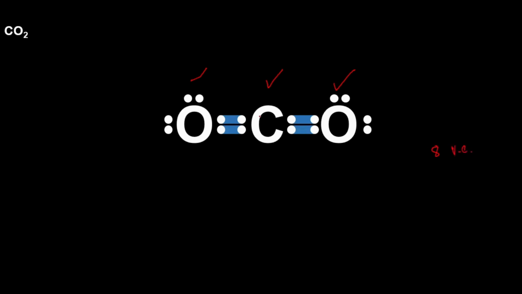Now, we can simplify this electron dot structure by removing the valence electrons around the atoms on the sides of the molecule. So here we can simplify this one like this. This is the simplified electron dot structure for CO2.